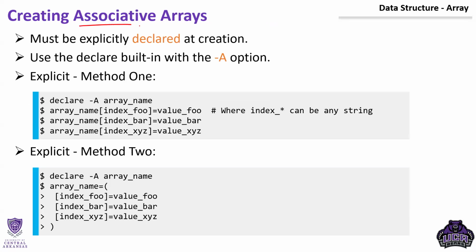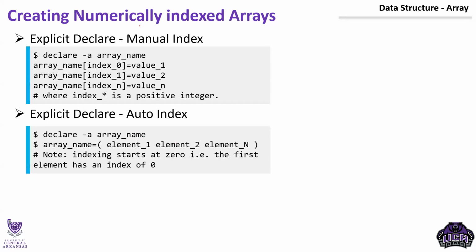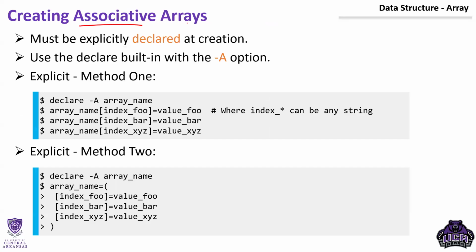When it comes to associative arrays, unlike over here, where we could just have the array and it would default to an indexed array, if you are creating an associative array, you have to use declare -A, capital A, sorry, to be able to create the associative array. Otherwise, it's just going to default to that indexed array. So same method here. You have the array name, and then in the brackets, you can put anything you want.